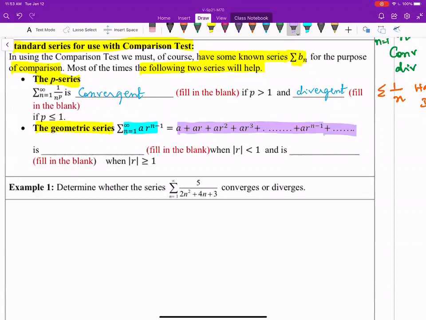It is convergent whenever the absolute value of the common ratio is less than 1, and it is divergent whenever the absolute value of the common ratio is more than or equal to 1.